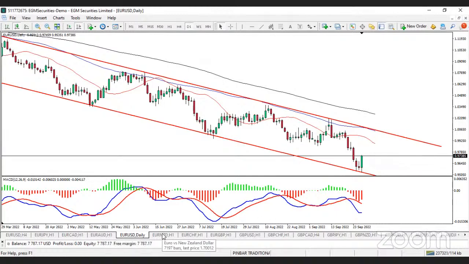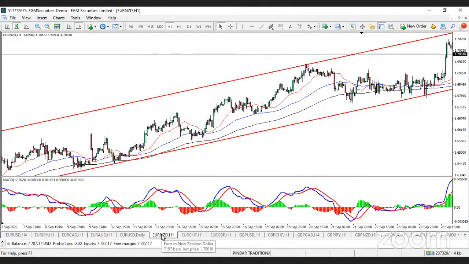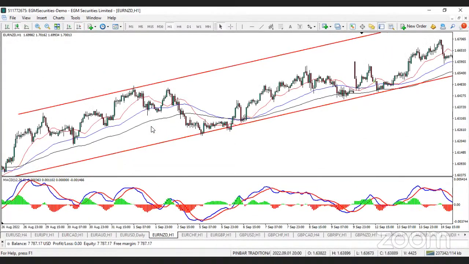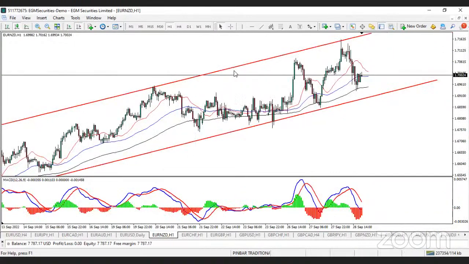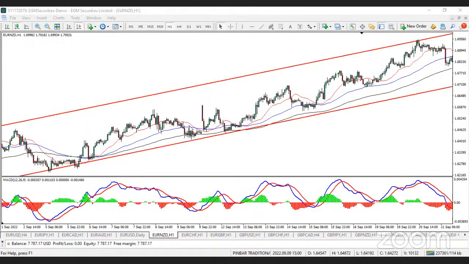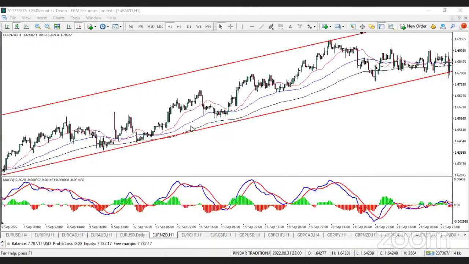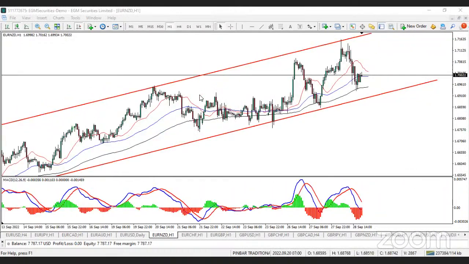Another asset is euro against kiwi. So on an hourly chart, this asset has formed a very strong up channel or ascending channel.